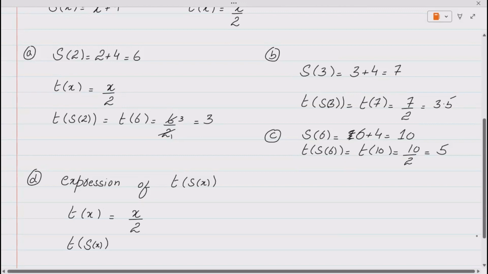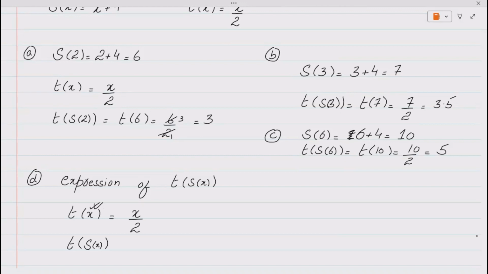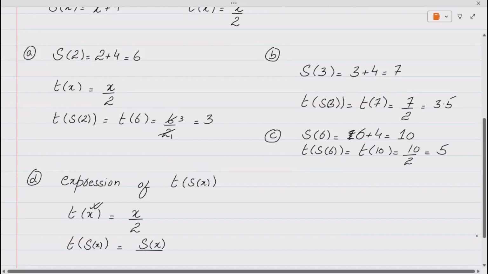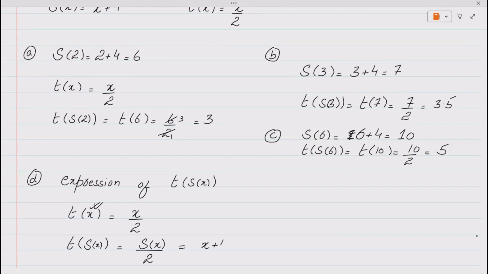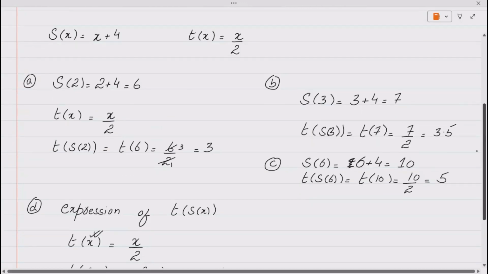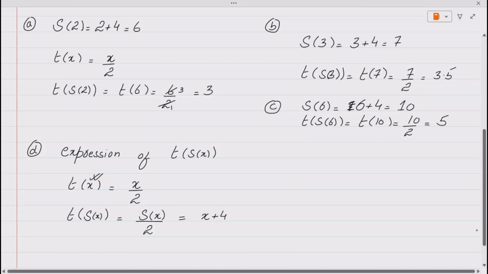So here is x, I write S of x, divided by 2. And S of x is x plus 4, so just write x plus 4 in place of S of x. So x plus 4 divided by 2, and this is the answer.